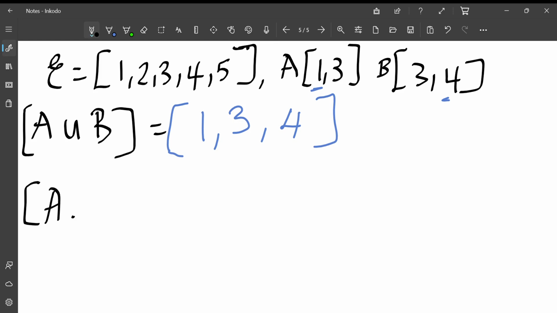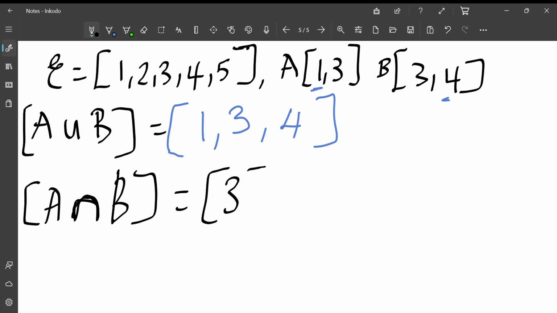But if I was told to do A intersection B, you see, intersection is like an upside down U, like a letter N. A intersection B means look at the sets A and B. Do they have anything in common? If you look at it, you see that they both have 3 in common. So that 3 that they have in common is the answer for intersection.